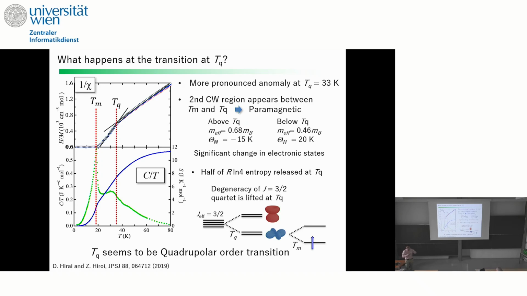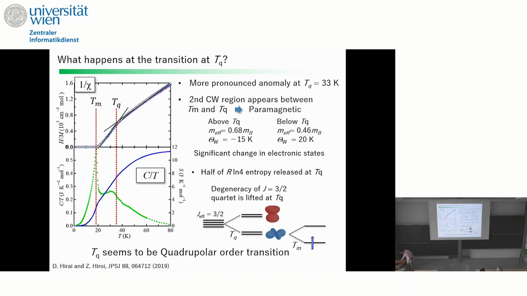That means it is magnetically paramagnetic. And also, we have this large peak in the heat capacity and a release of a huge amount of entropy at this point. So it is very plausible that this TQ transition is a quadrupole order transition.